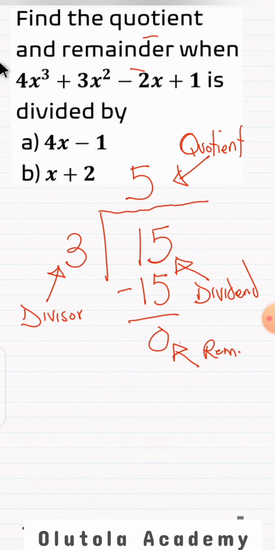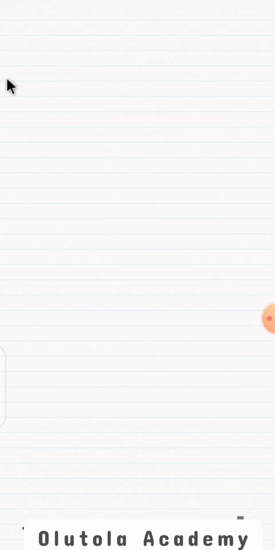So let's start right away with the first part. The first part is we should divide the polynomial of order 3, raised to power 3, that's the highest power here, by 4x minus 1.